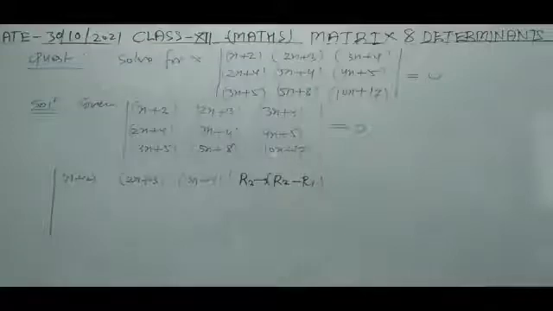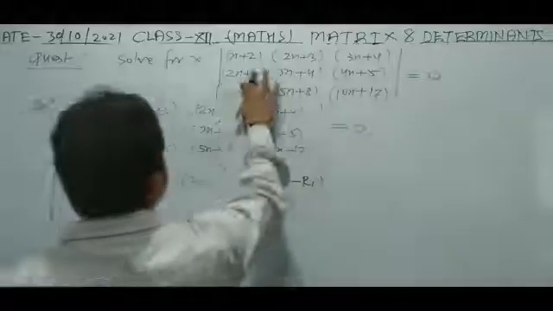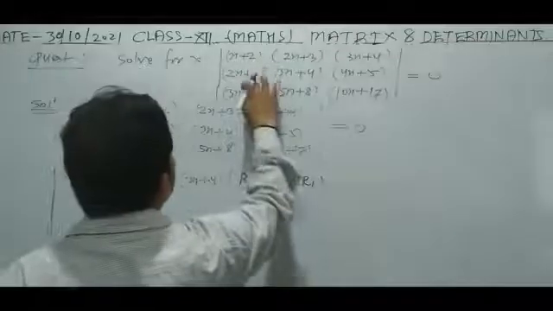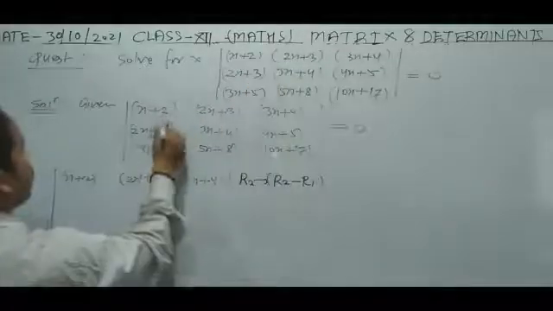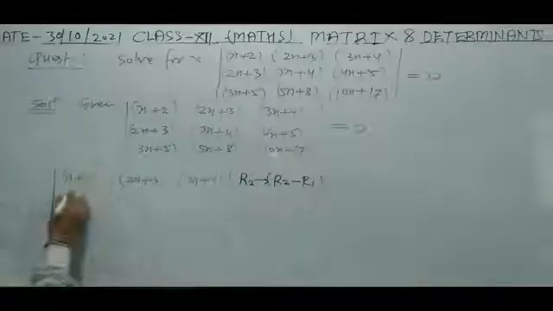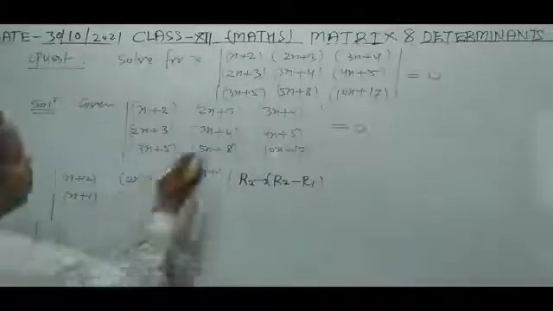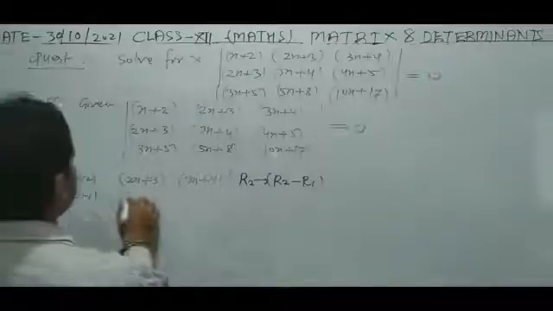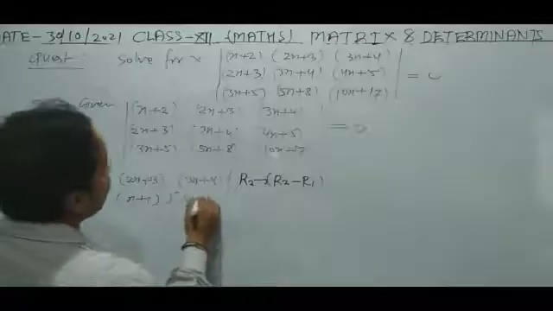So result will be x plus 2, x plus 3, 2, 3, 5 and 3, 4, 8 and 4, 5, 17. So R2 minus R1 will be x plus 1. This will be also x plus 1, and now this will be also x plus 1.